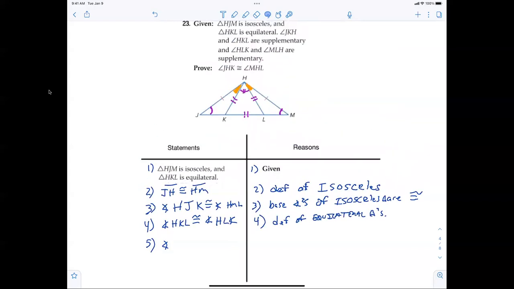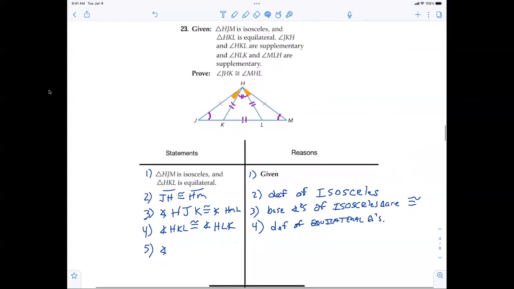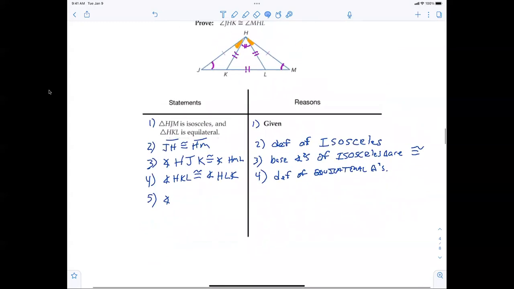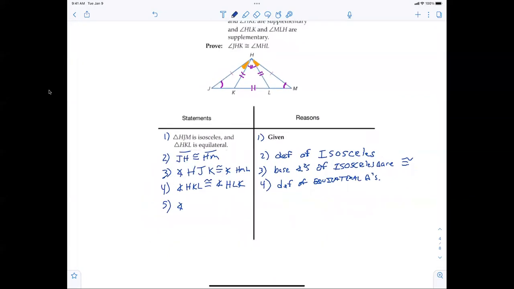So you're going to have to write angle JKH and HKL are supplementary. And the other two angles are supplementary, which is part of the given. All right, so extend the given. Now, I'm sorry, Walt, say that again. Angle HLM is supplementary to HK. Yeah, that's given though, right?